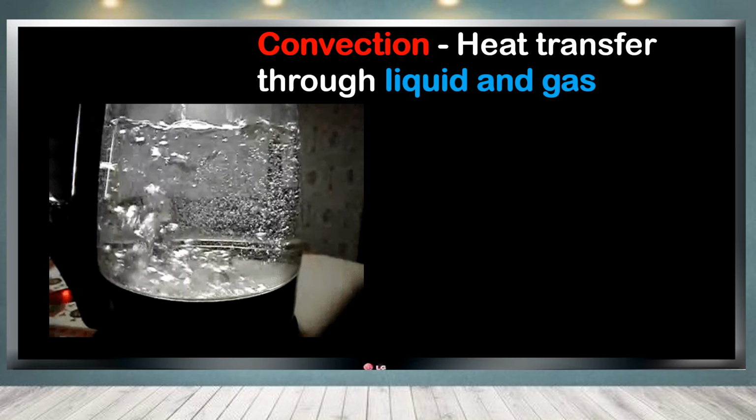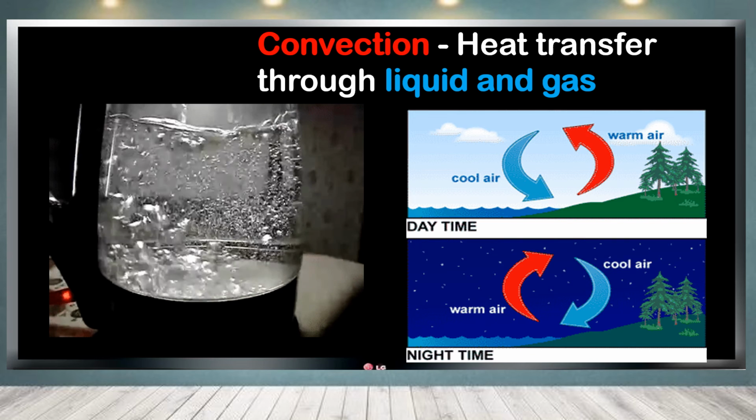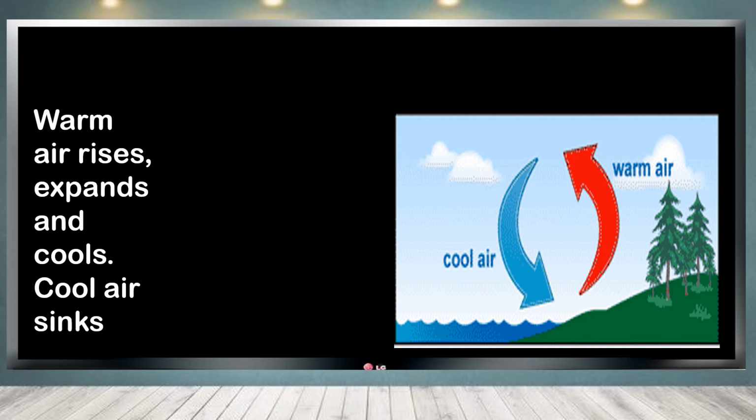So it is as in the air. Just like water, when the air gets warm, it rises because it becomes less dense. And when it is on top, where there is no source of heat, the air cools down and it will go down or sink.